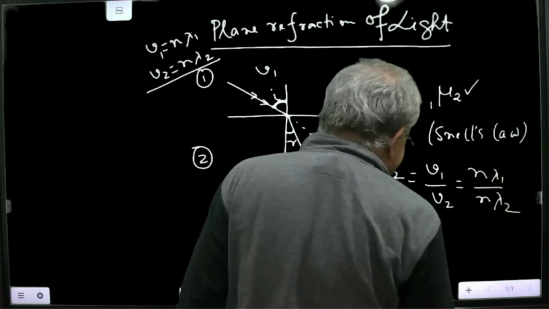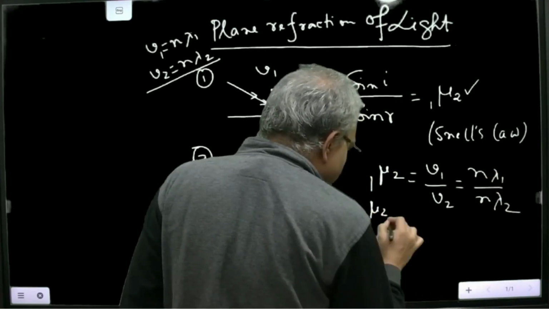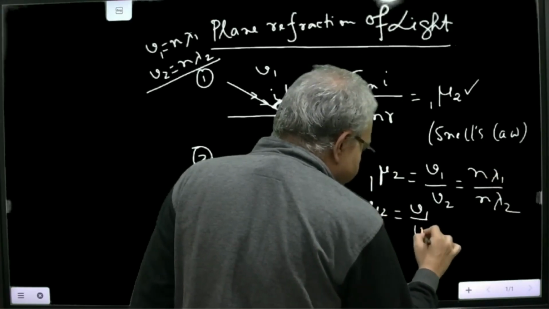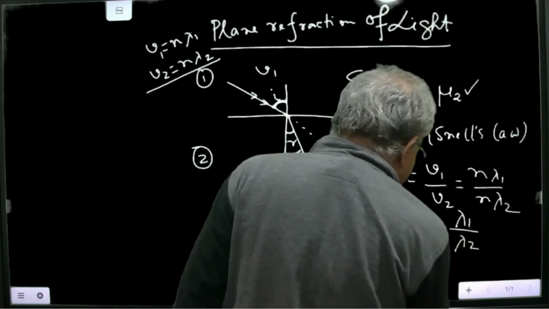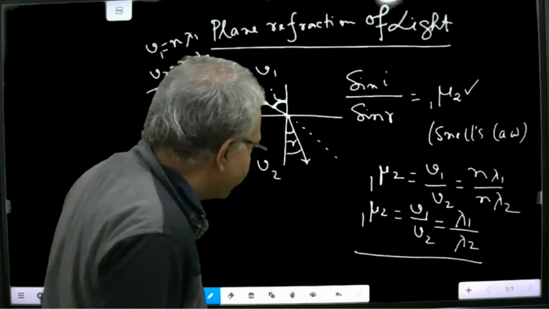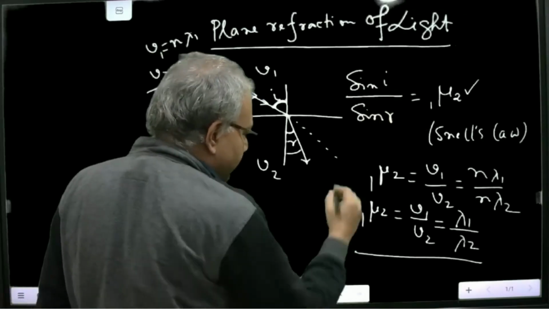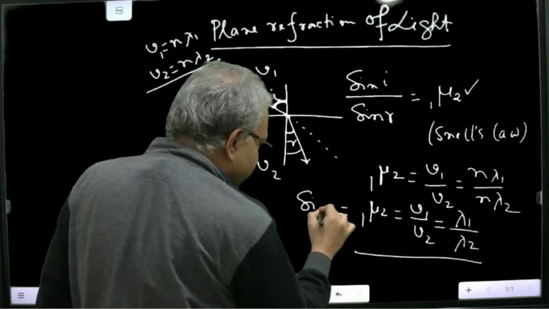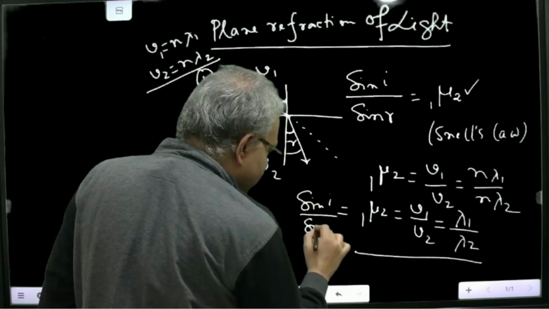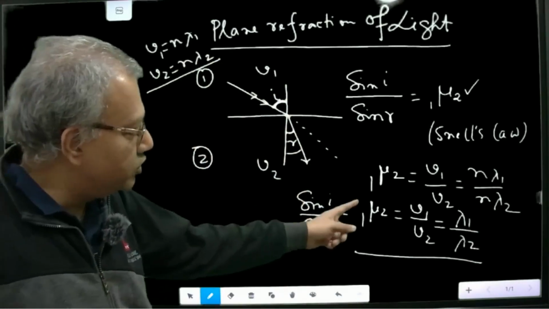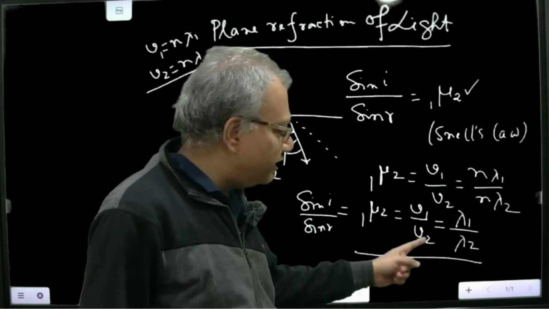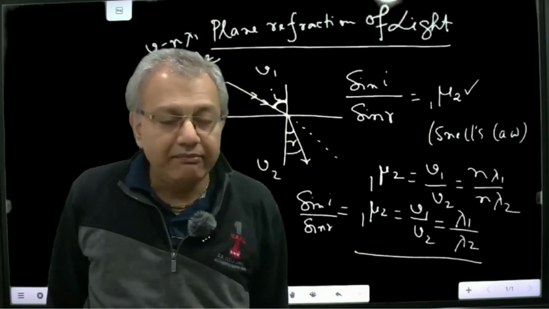So this n cancels out, and the refractive index of medium 2 with respect to 1 is equal to v1 by v2, that is lambda 1 divided by lambda 2. Similarly, here, sine i by sine r. That normal expression, sine i by sine r is equal to mu 2 1 is equal to v1 by v2 is equal to lambda 1 by lambda 2.